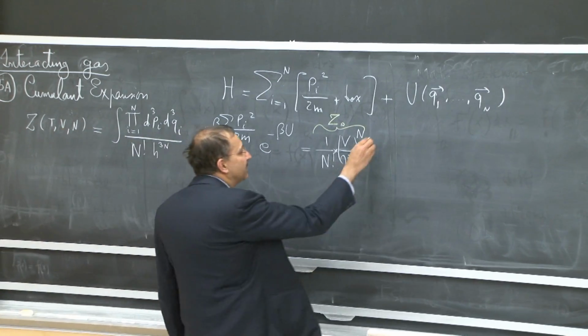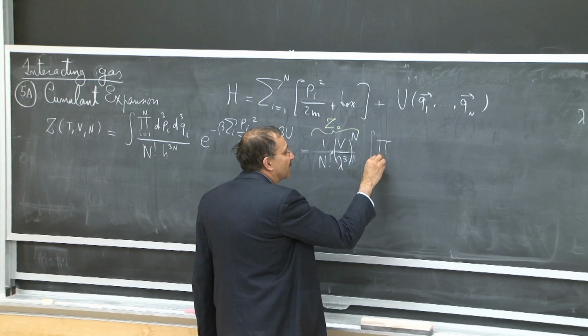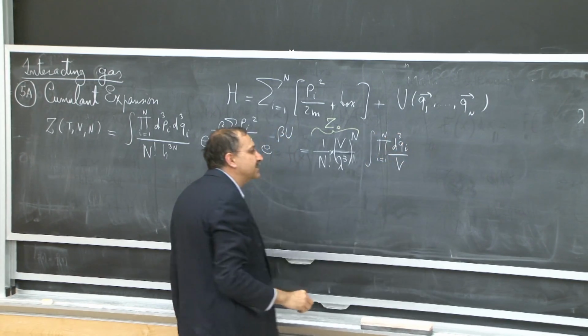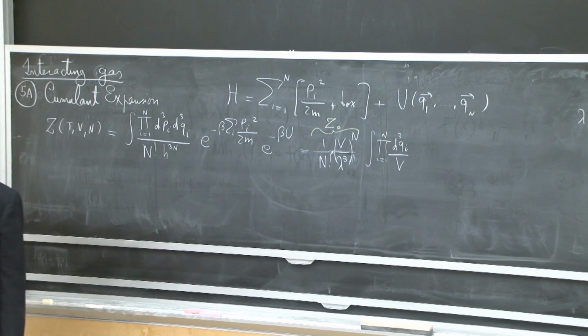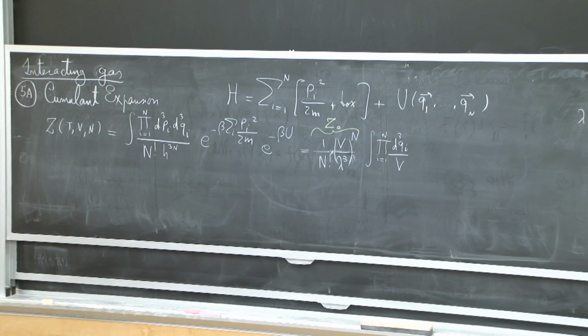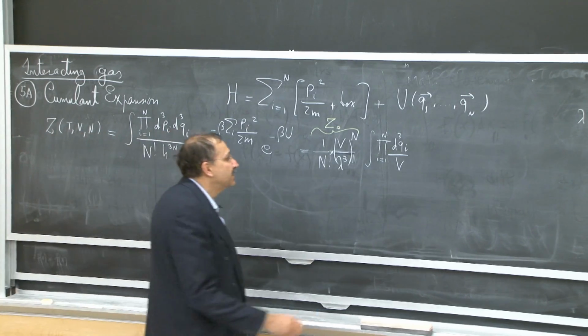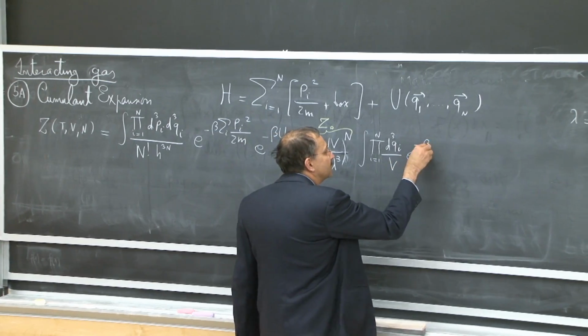And so then the remainder is the integral over all of the q's, but I divided by V. So basically, with each integration, I'm uniformly sampling all of the points inside the box with probability density 1 over V, e to the minus beta u.